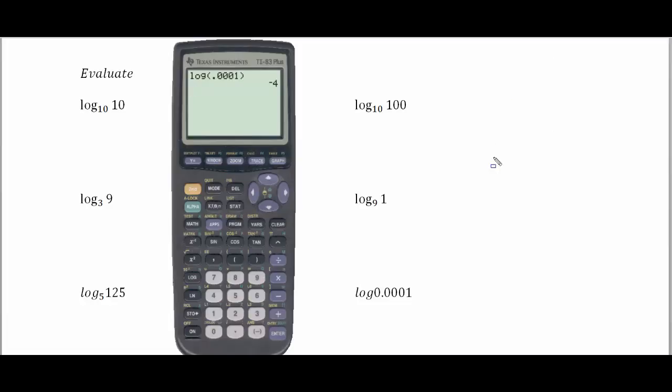To freeze frame it here, if I'm in base 10, I want to get to 0.0001 or 1/10,000th. I'd have to move the decimal 4 spaces to the left if I was moving it from 1.0. So my answer here is -4.